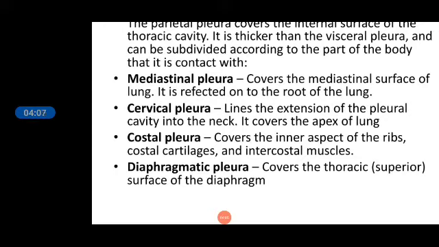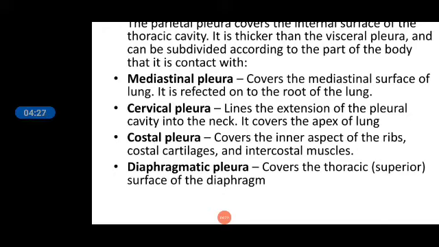The next is the cervical pleura. As the name indicates, it lines the extension of the pleural cavity into the neck, and it covers the apex of the lungs. Then the costal pleura.